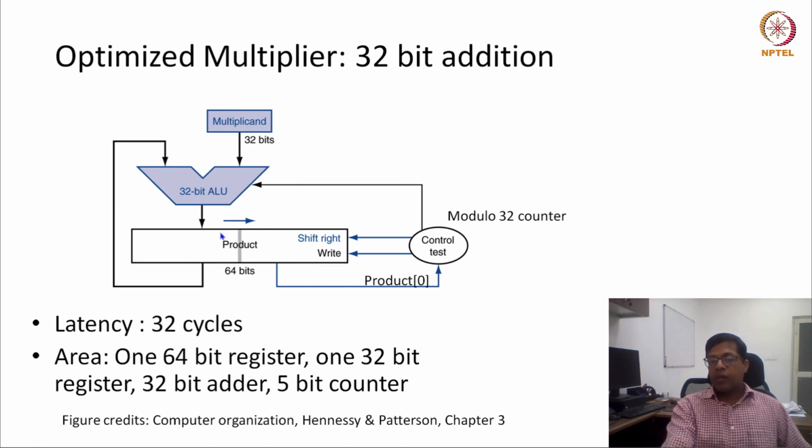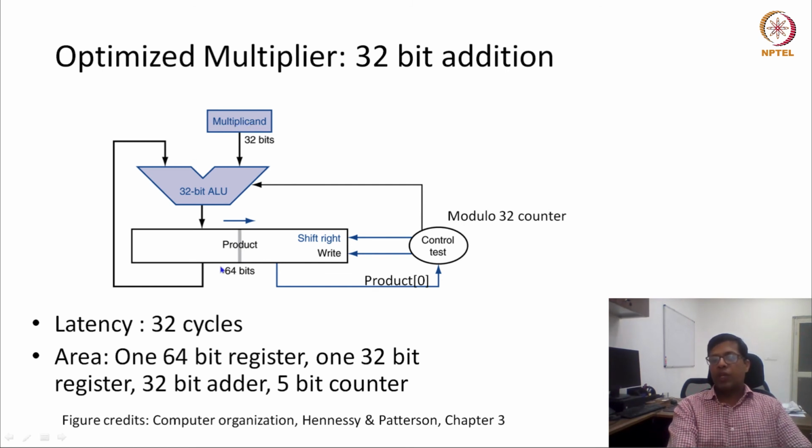The total area requirement would be this 64 bit register and this 32 bit register, and these two are the register requirements. Now these register requirements would be there anyway, because whenever we are multiplying two numbers, we would be storing the result in a register, and the input we are also expecting from some register.